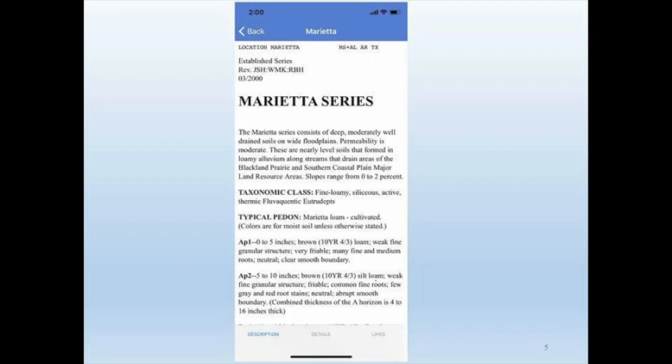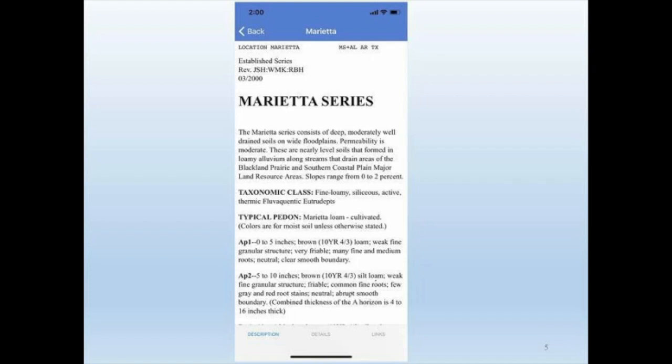It gives you an idea: okay, my soil here is a floodplain soil. So I know that at times this is going to flood. Sometimes you might be surprised that you've never seen it flood. So this gives you some ideas about how my site evolved.